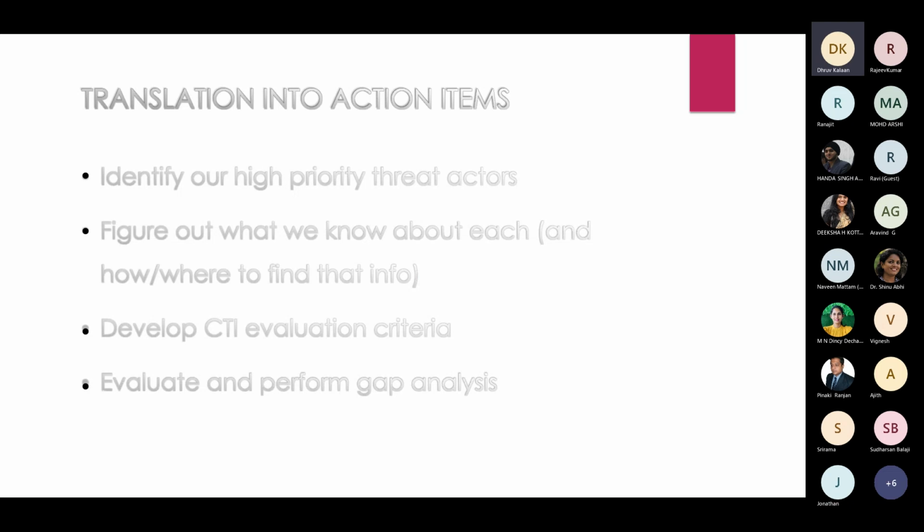We figure out what we know about each one. Where do we find that information about the threat actor itself? We match it to one of the frameworks, and then we perform a gap analysis to say, okay, these are the techniques that this threat actor uses. What can I detect or not detect that this threat actor actually uses to infiltrate networks?